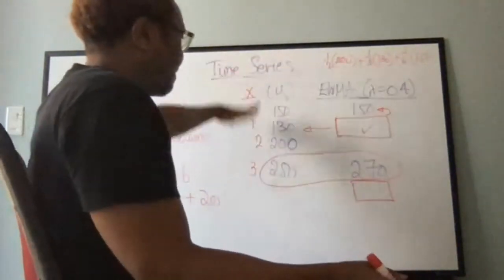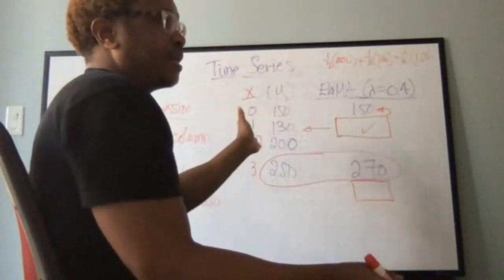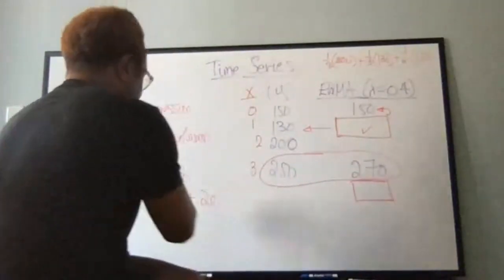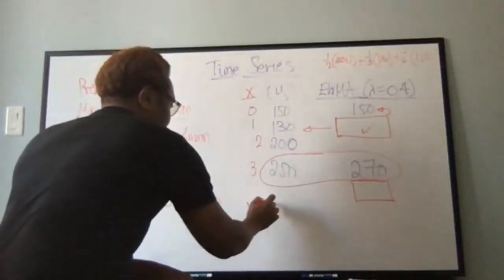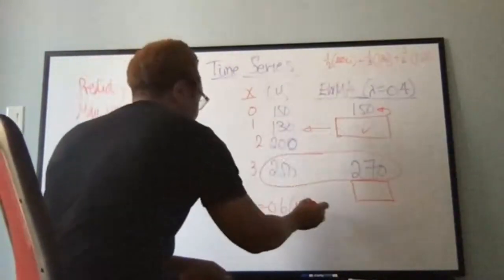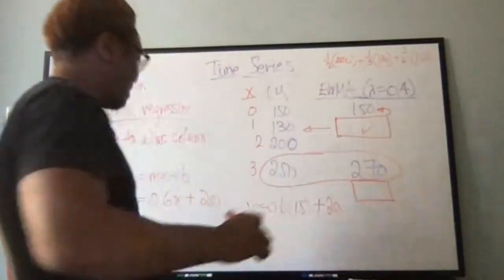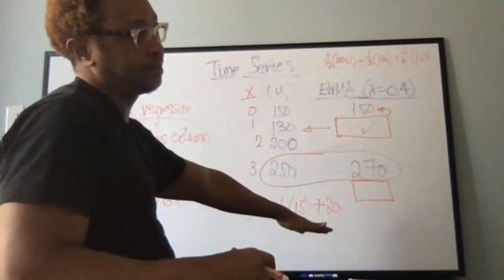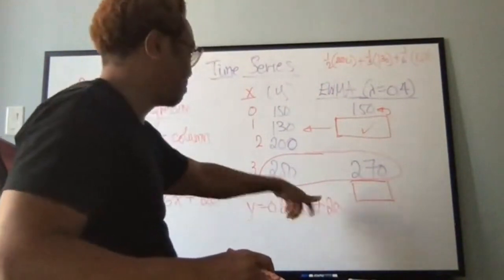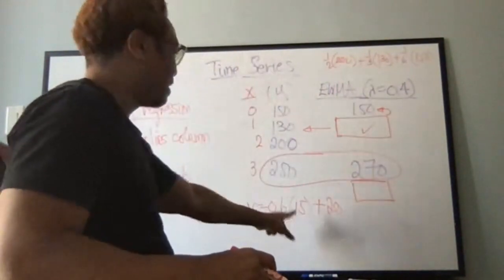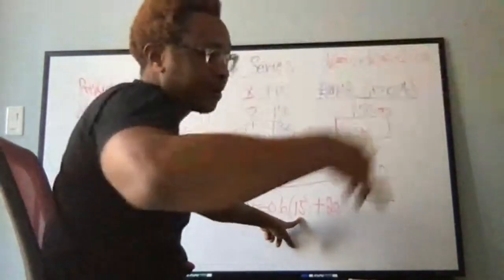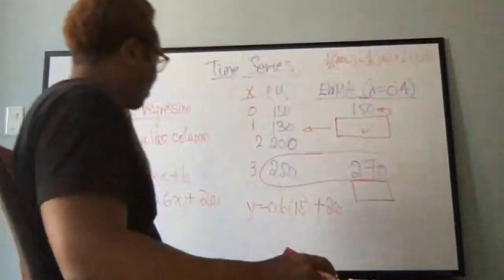Like if you have 14 of these right here, then you put in the number 15. So something like 0.6 times 15, whatever the observation is, plus 20. And then that becomes your prediction. You get the regression equation from what Excel gives you, and then you put in the number beside observations, which represents one more than the data that you have.